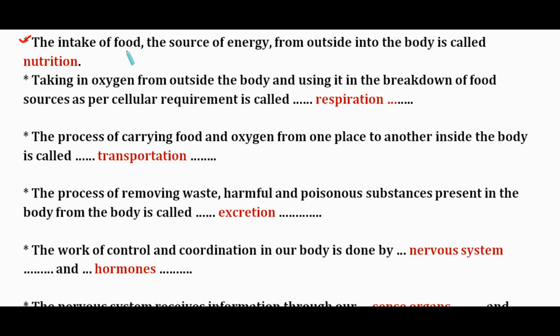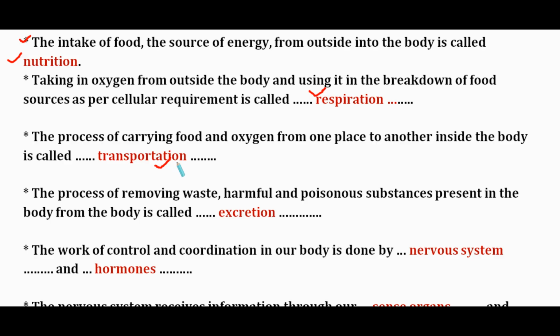Next question: the intake of food, the source of energy, from outside into the body is called nutrition. Taking in oxygen from outside the body and using it in the breakdown of food sources as per cellular requirement is called respiration.